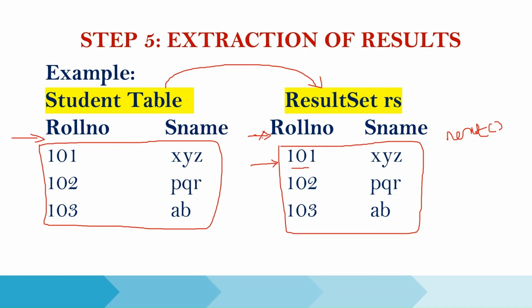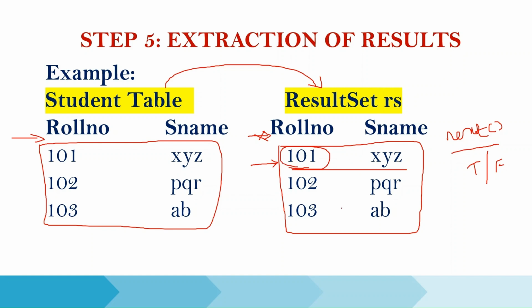Now this next method is going to return true or false. It returns true whenever it sees that data is available in a particular row. Once it returns true, that means data is available. So now I want to extract this value: first row, first column.